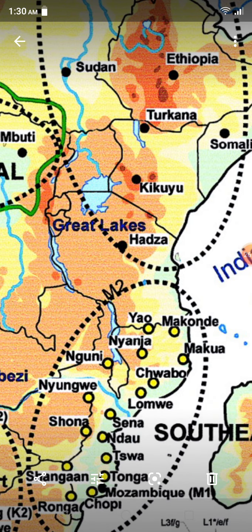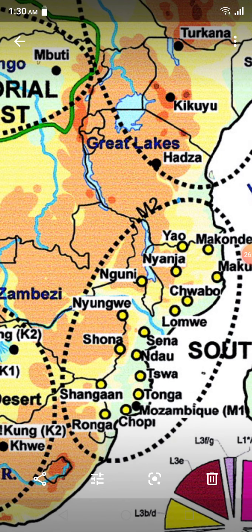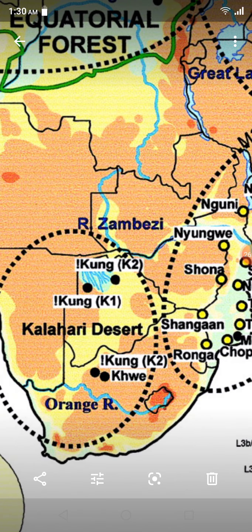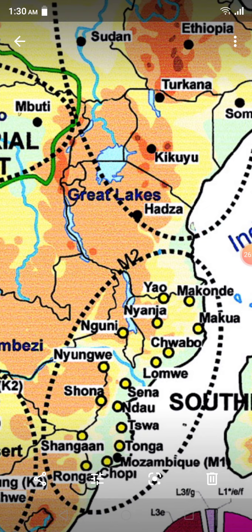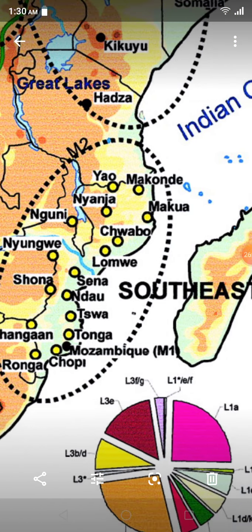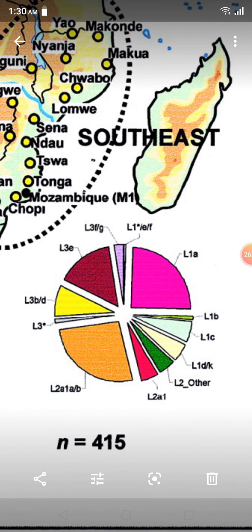And I like this chart because it shows you different ethnic groups around here, and a lot of these groups that you see are Bantu groups. As you can see, right here, this orange goes into a breakdown of one of the branches.